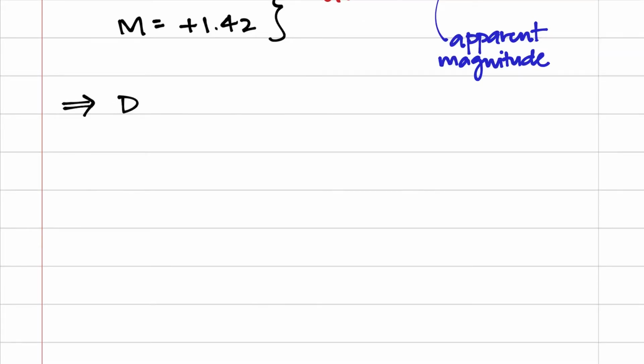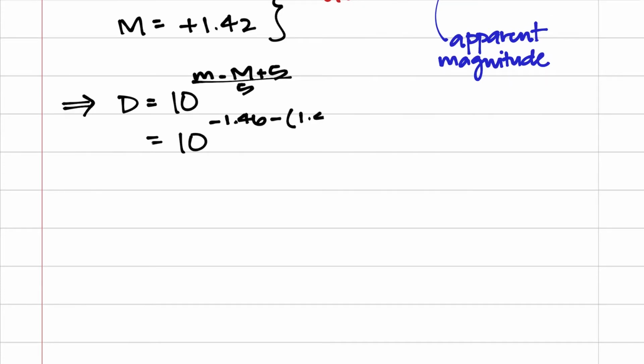So let's begin. d equals 10 to the power of apparent minus absolute magnitudes plus 5 all over 5. Plug in the values we have for apparent and absolute magnitudes in their respective places. I'm putting the absolute magnitude in parentheses to remind myself that regardless of the value for the absolute magnitude, whether it's positive or negative, I have to subtract it from the apparent magnitude.